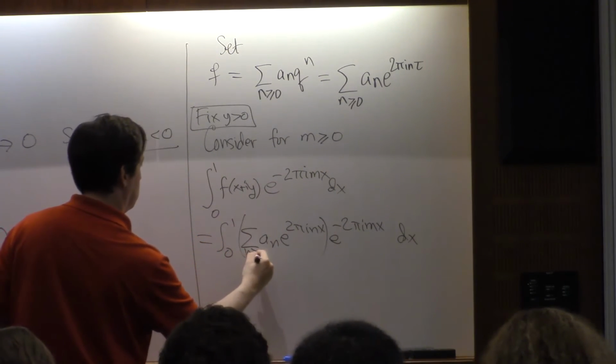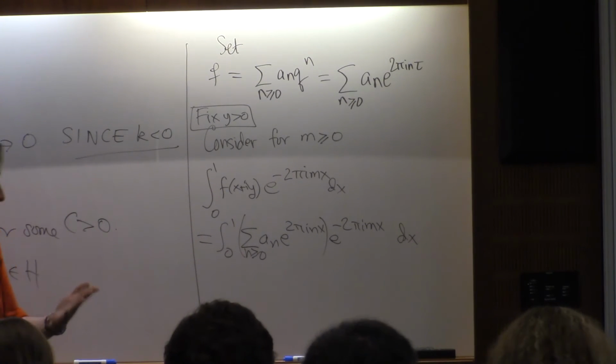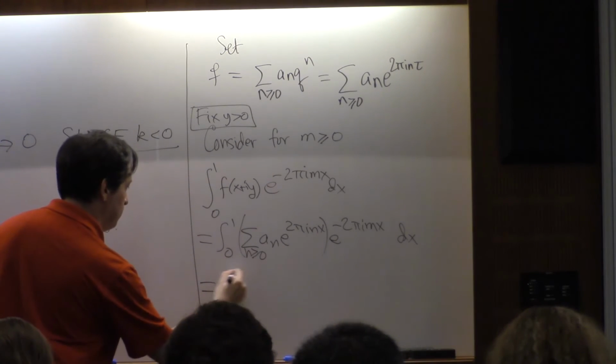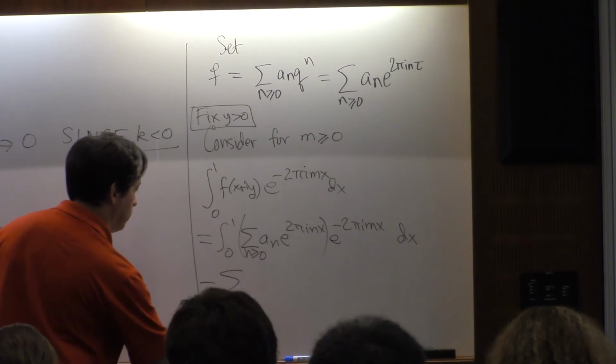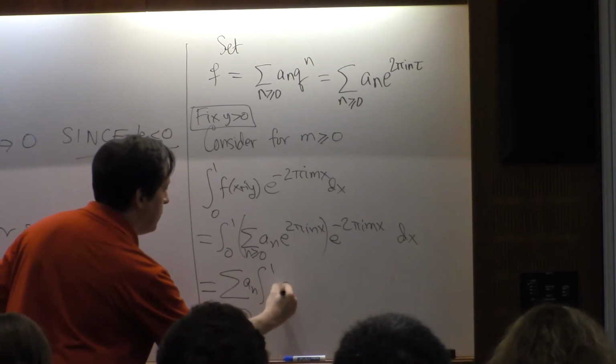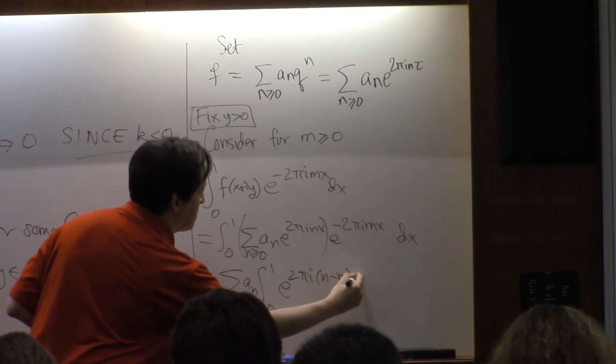And so if you put on your physicist hat, or you are a physicist, you don't need a hat, then you just swap the sum and the integral, and pull out the constant a_n, and integrate from 0 to 1 e to the 2 pi i (n minus m) x.